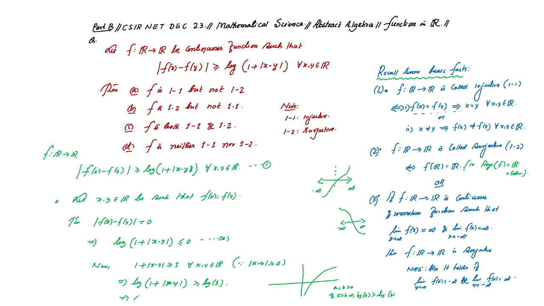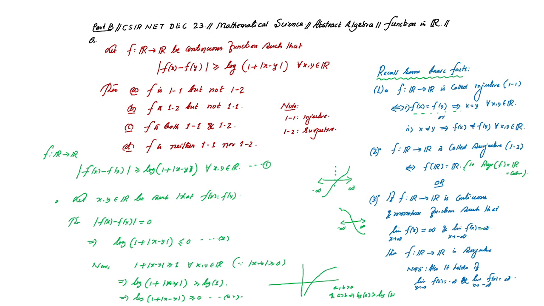So we can write log of 1 plus mod x minus y is greater than or equal to 0. This is double star. So from single star and double star, logarithm of 1 plus mod x minus y is both greater than and less than or equal to 0.